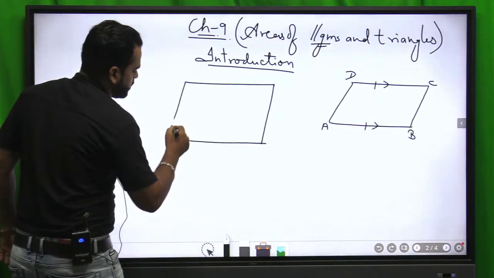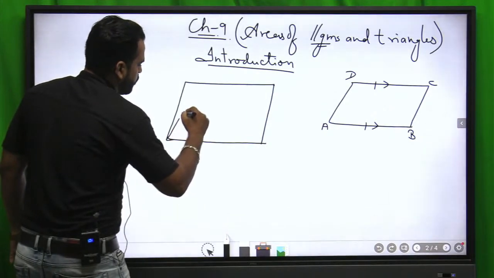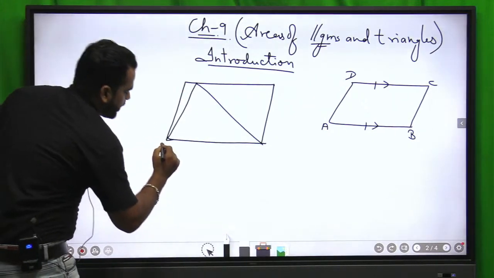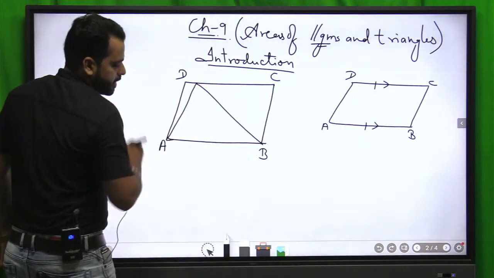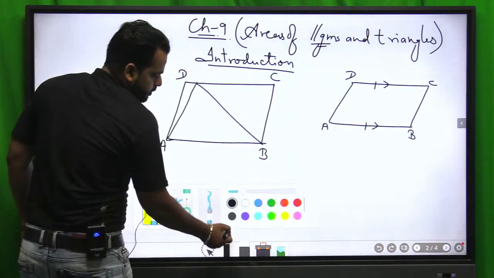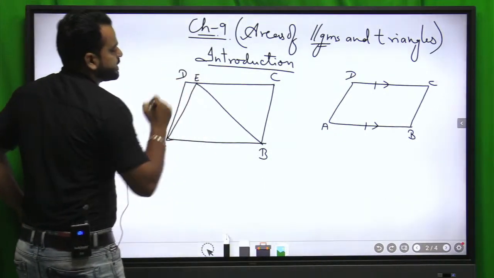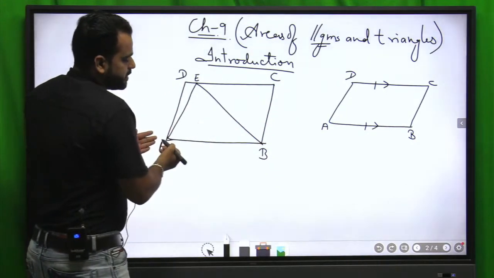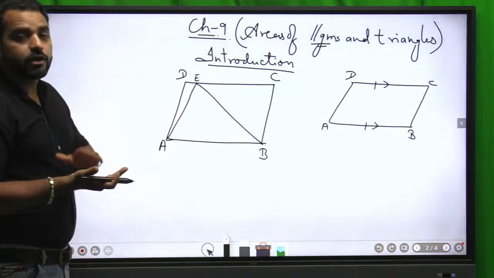If you take this parallelogram and inside it we draw a triangle, we can name it ABCD, and this point we can consider as E. Now we can see in this figure that both the parallelogram ABCD and the triangle ABE are on the same base.